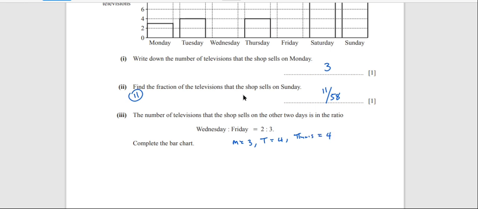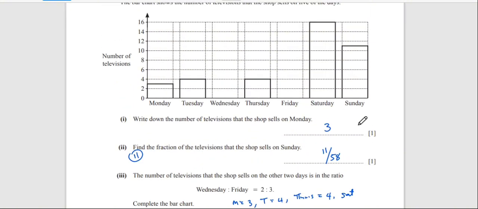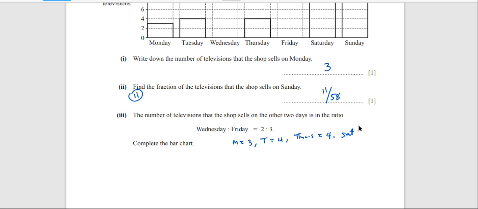Friday we don't have the value. Saturday we have 16 and Sunday we have 11. So far we have a total of 38, except for Wednesday and Friday. So we need to know Wednesday and Friday.